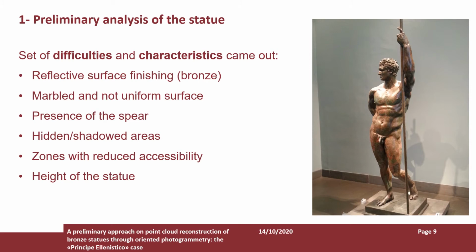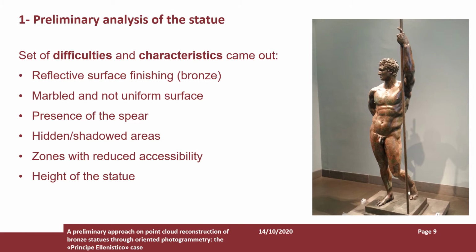In addition, the spear represents a very huge difficulty in terms of possible covering and shadowing of the near part of the statue. Other hidden areas are the right armpit and the inner part of the legs that present quite the same kind of issues.